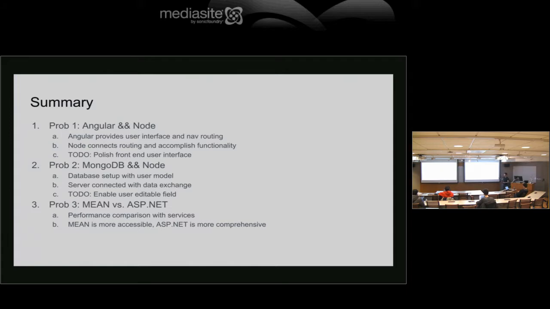Later on, the to-do will be to enable users to edit their own fields. And lastly, we compared the performance of MEAN and ASP.NET. Overall, in general, we can say that MEAN is more accessible because of the uniform language, while ASP.NET is more comprehensive. That's the conclusion for now.